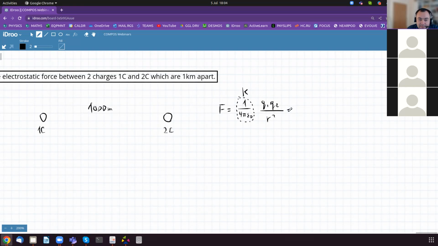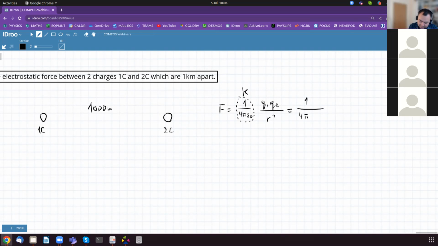Right. So 1 over 4 pi multiplied by epsilon 0. Sorry, I sometimes forget the value.